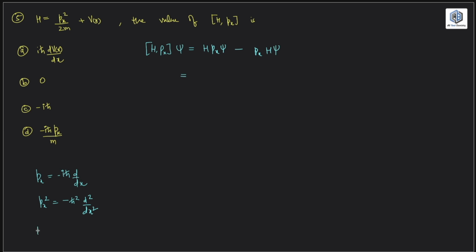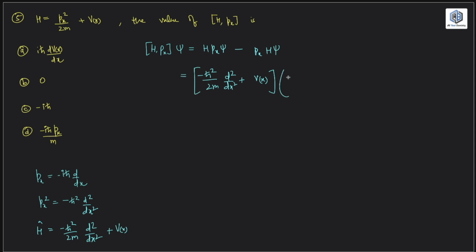So the Hamiltonian is going to become minus h cross square upon 2m d2 by dx square, and plus of course Vx will be there. I am going to use this value instead of the other one. So if I substitute it, H becomes minus h cross square upon 2m d2 by dx square plus Vx.